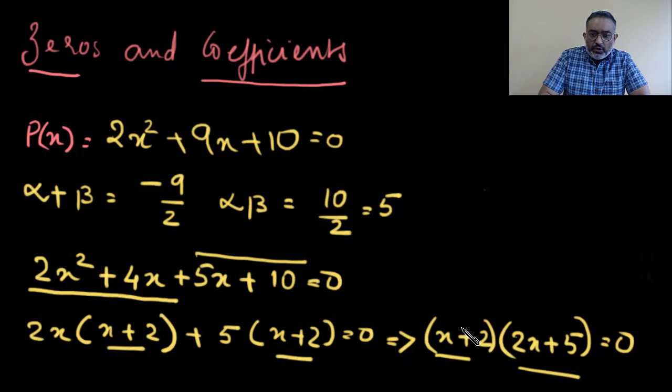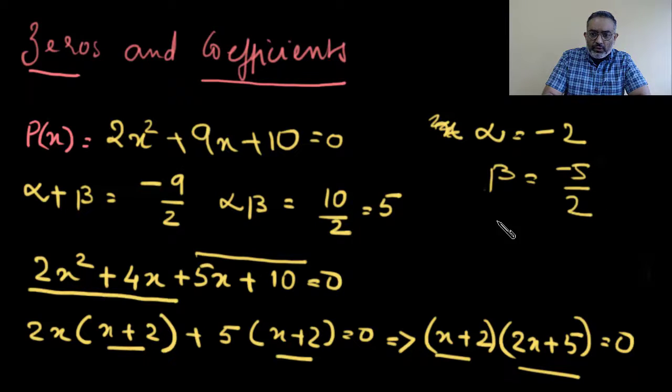If you take x plus 2 equal to 0, you're going to get the value of x, or alpha, equal to minus 2, and if you take 2x plus 5 equal to 0, you are going to get beta equal to minus 5 by 2. Now if we multiply these two, alpha beta is minus 5 by 2 multiplied by minus 2, which is equal to 5.